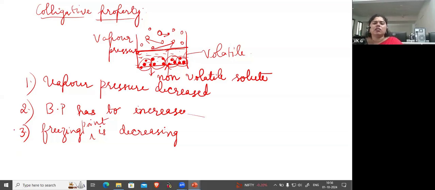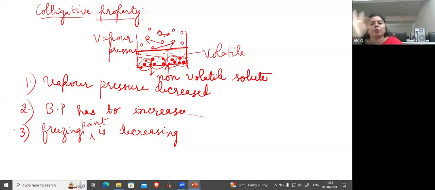And these three are the observations that I actually see whenever I add a non-volatile solute mainly, right? So the points I have noted here are: vapor pressure decreased, boiling point increased, freezing point decreased. All these points I noted down after the non-volatile solute was added; because of it, all these problems happened. Correct? So can I just put the blame on that non-volatile solute only?